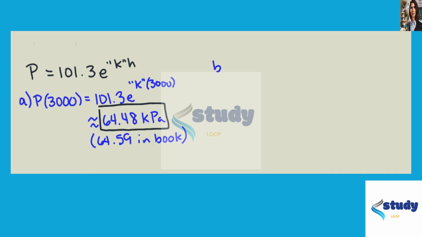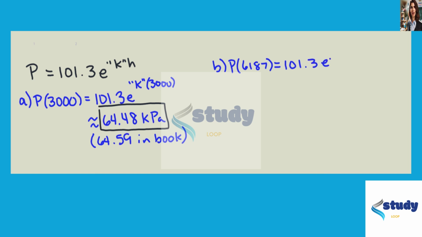Now we're going to go on to part B, and we're doing the same thing, but we're finding the pressure at an altitude of 6,187 meters. And that would be the top of Mount McKinley. So we substitute 6,187 in for the height.